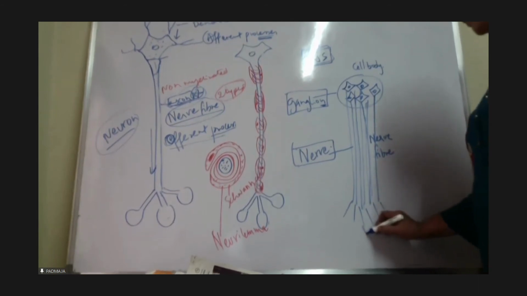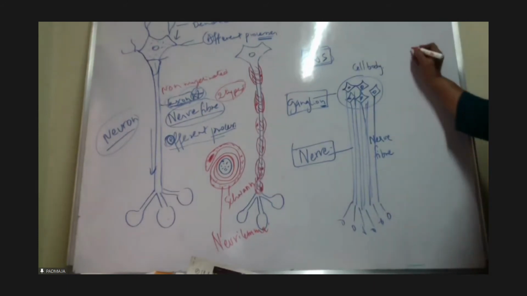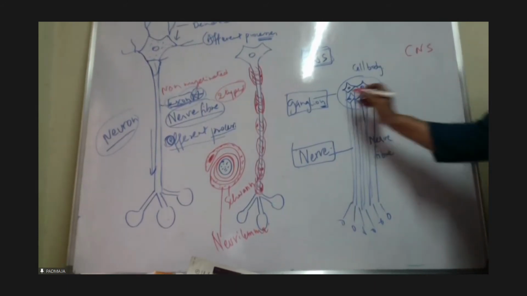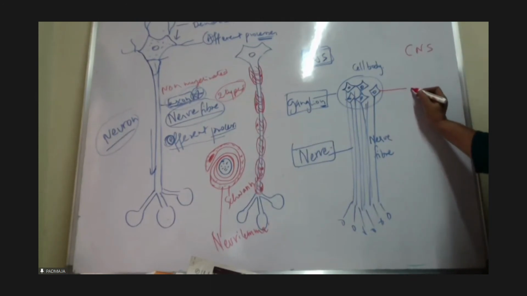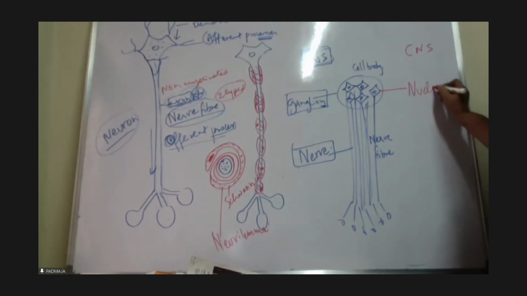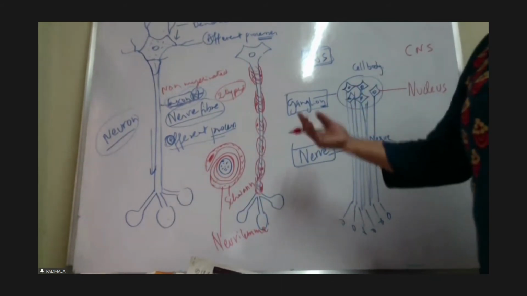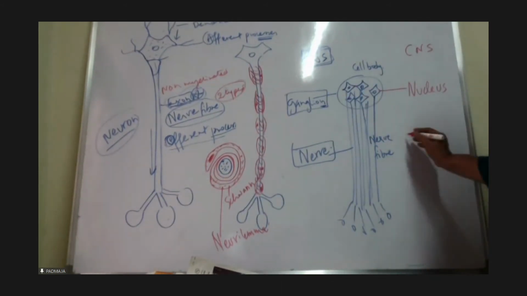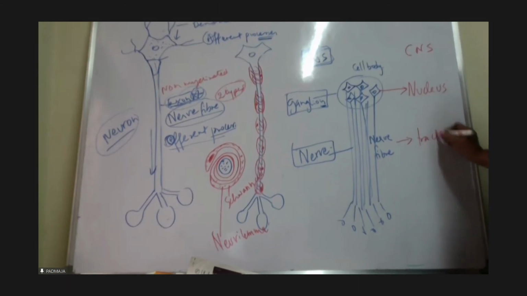Now the same thing in the central nervous system: cell body aggregation is called nuclei, singular nucleus, plural nuclei. In the same way, nerve fiber aggregation is called a tract. All these things were already done in junior inter.